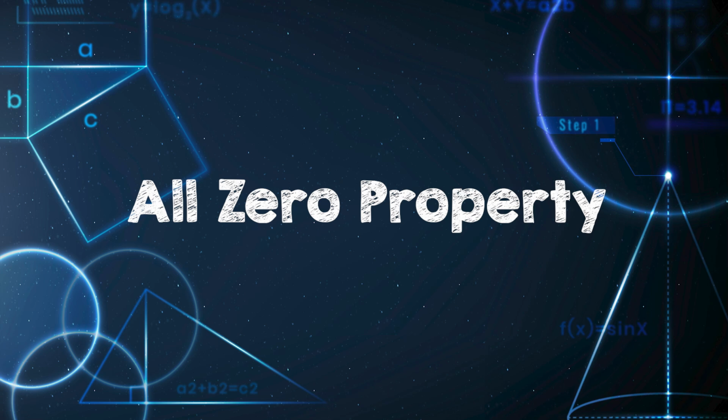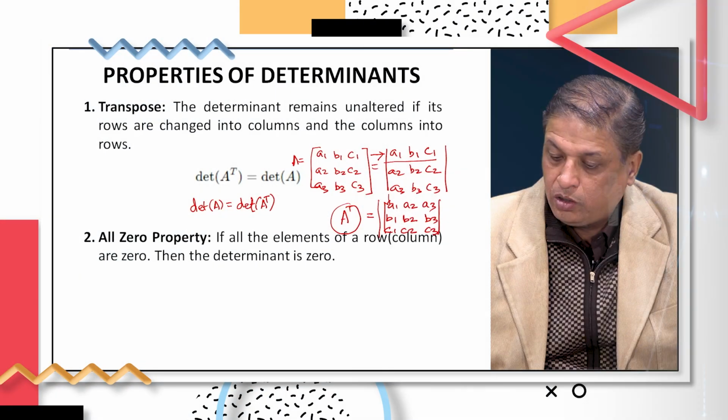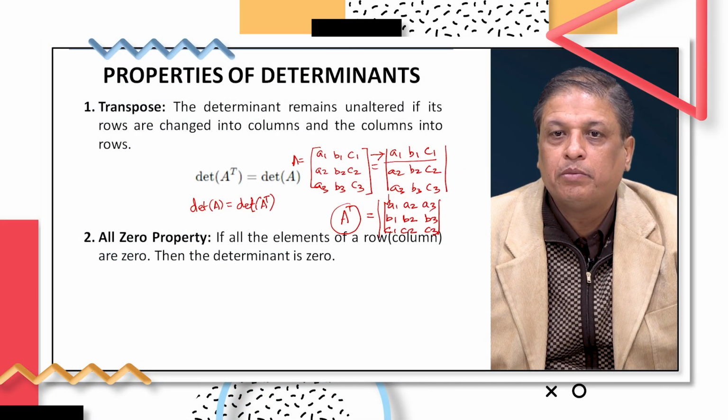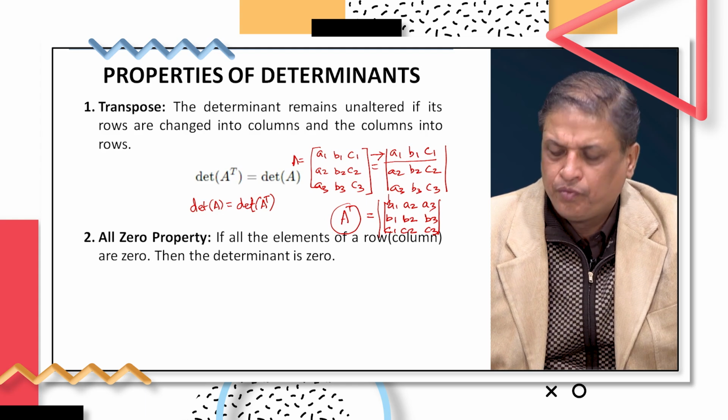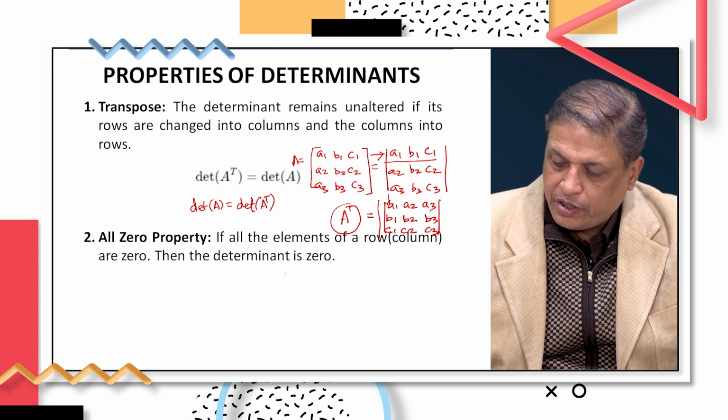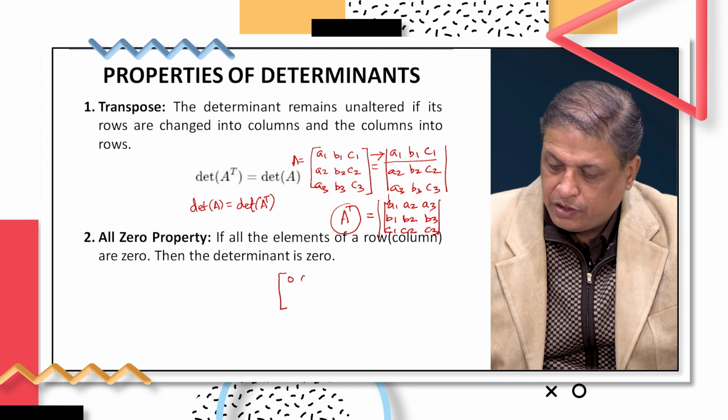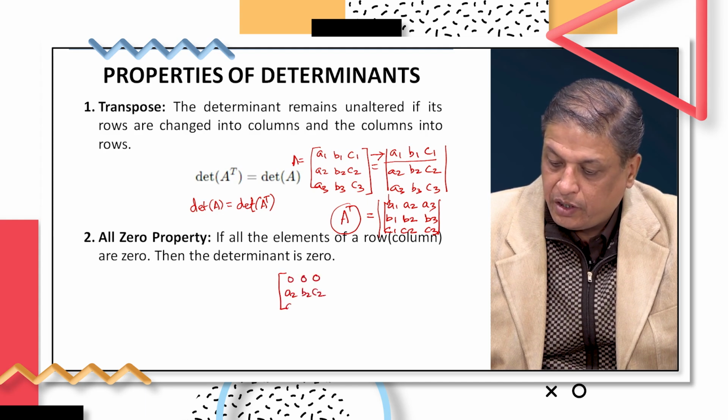Now, the second important property is the all zero property. The all zero property states that if all the elements of a row or column are 0, then the determinant is 0. So if we have 0, 0, 0 and A2, B2, C2 and A3, B3, C3, then the result will be equal to 0.